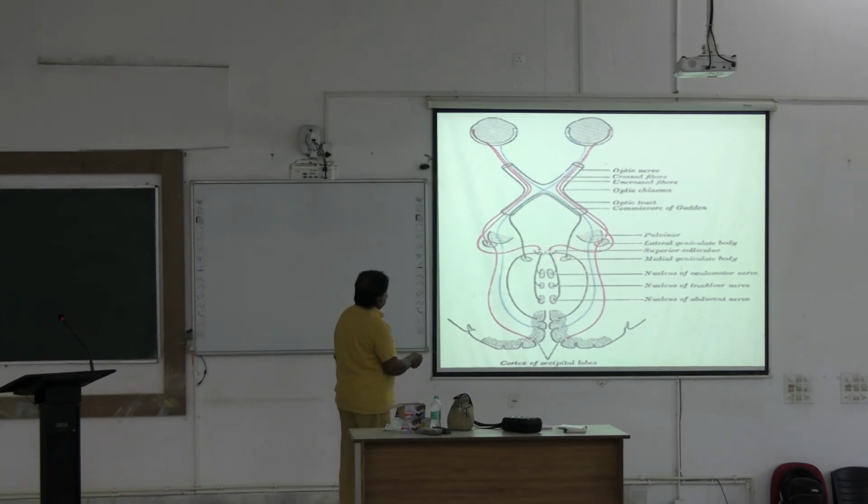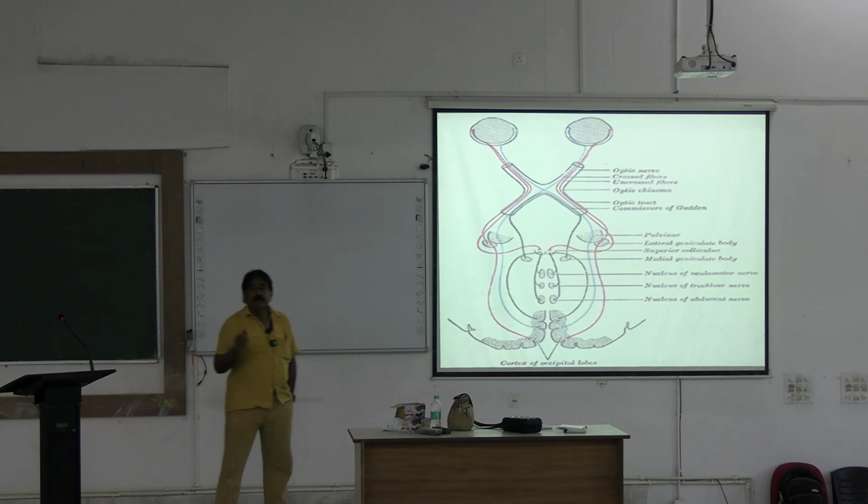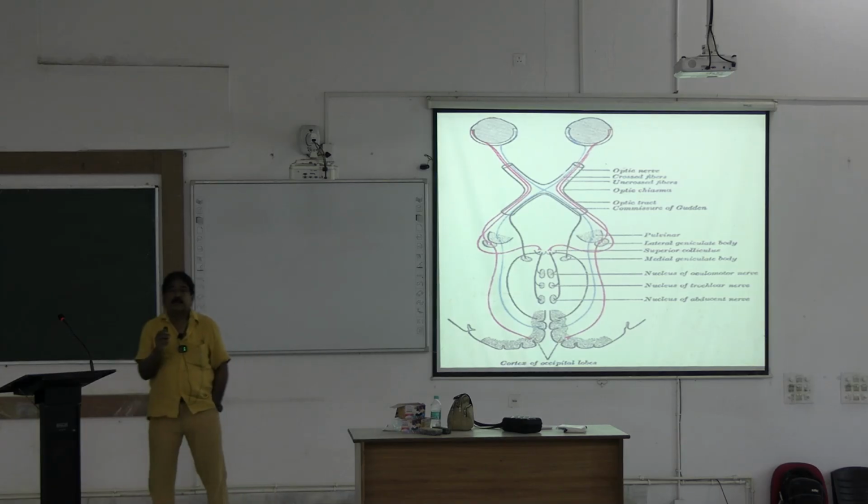Now superior colliculus, here the nucleus of oculomotor nerve, nucleus of trochlear nerve, nucleus of the abducens nerve, medial geniculate body. Now this is the cortex of the occipital lobe. You have to draw, practice, because it can come as a question of 10 marks.